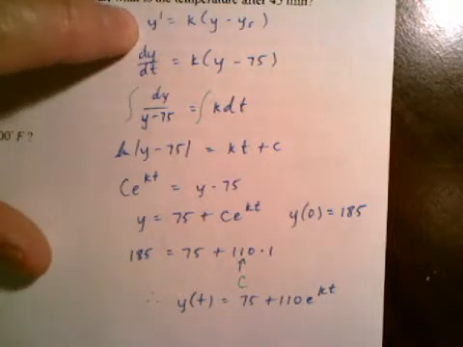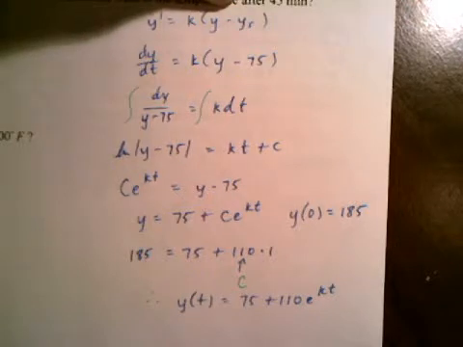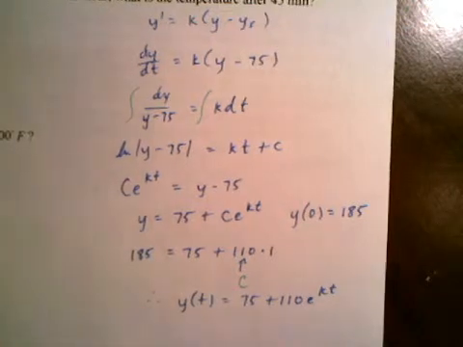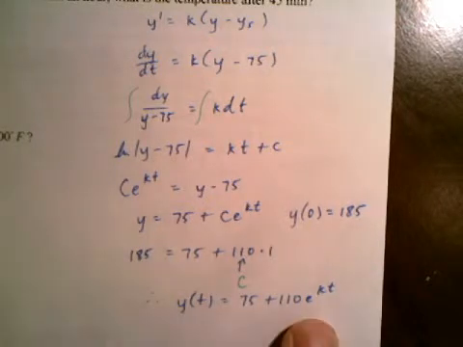Again, what this says is the rate at which the temperature is changing is proportional to the difference between the current temperature and the surrounding temperature. And this is a roast turkey. Go ahead and pause the video so you can make sure you know how to get down to this point here.